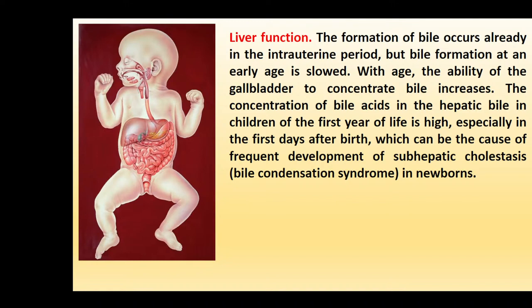The concentration of bile acid in hepatic bile in children of the first years of life is high, especially in the first days after birth, which can be a cause of frequent development of subhepatic cholestasis, bile concentration syndrome in newborns.